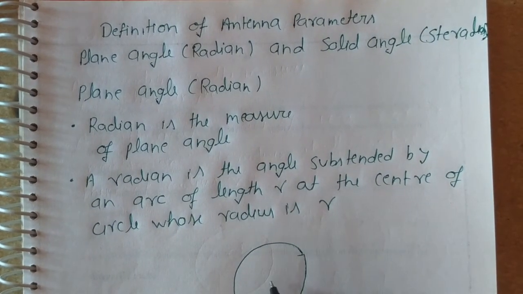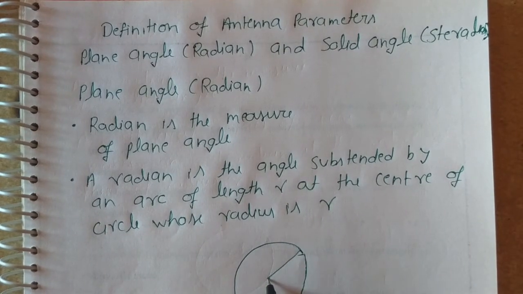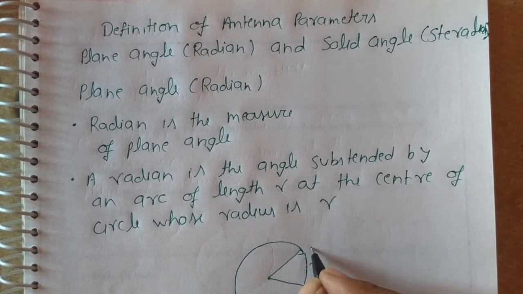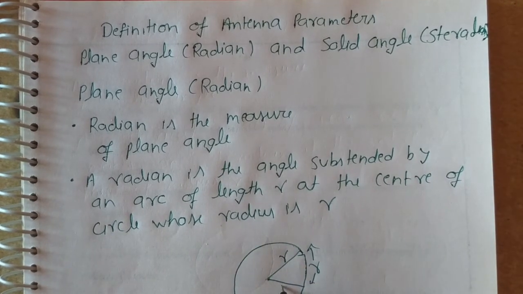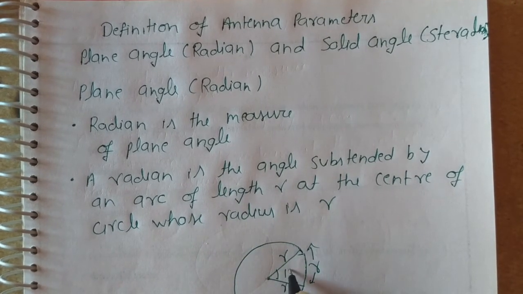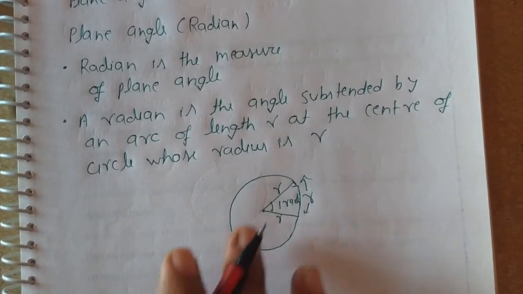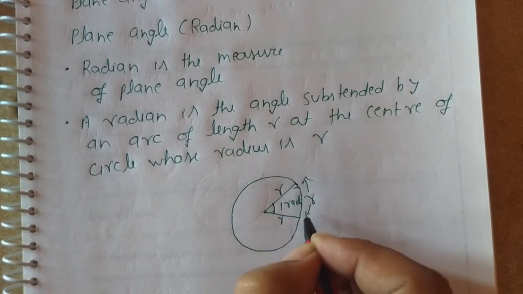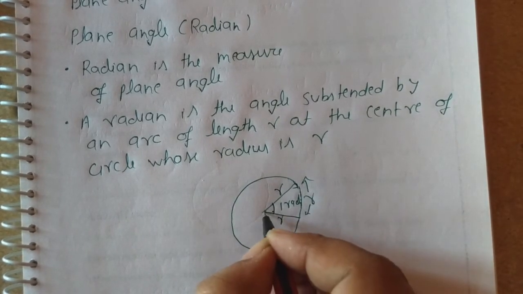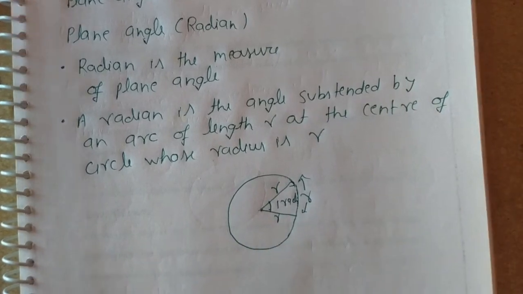A radian is an angle which is subtended by an arc whose length is r at the center of the circle whose radius is r. So this is 1 radian. 1 radian is the angle subtended by the arc whose length is r at the center of the circle whose radius is r.